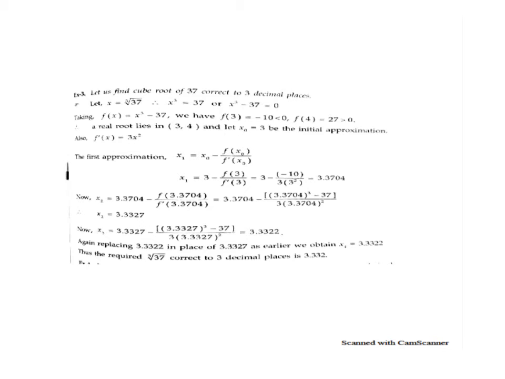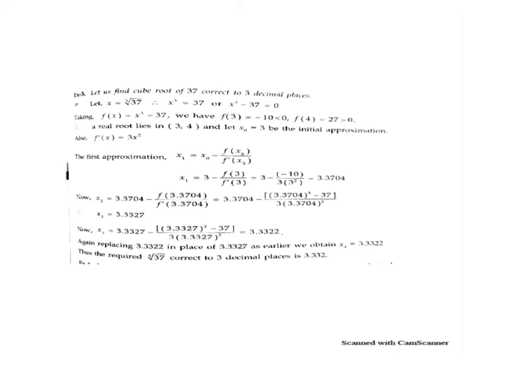Now try for x equals 4. So 4 cube minus 37, and the value is equal to 27. Now we observe that f of 3 is minus 10, less than 0, and f of 4 is 27, greater than 0. So one value is negative and the other value is positive.